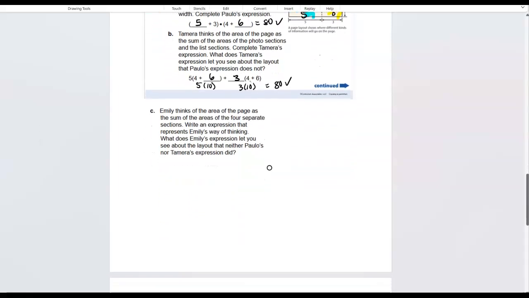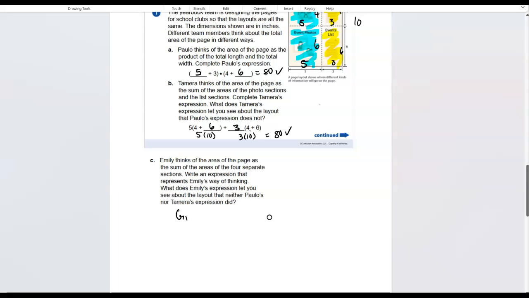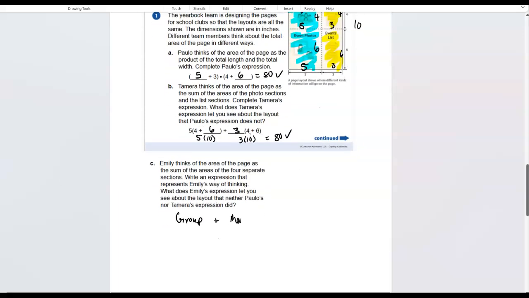Emily thinks the sum of the area as 4 separate sections, right? So she's talking about doing the group photo plus the member list plus the event photo plus the event list. So even a little bit more specific. So you're just taking the area of each of these.